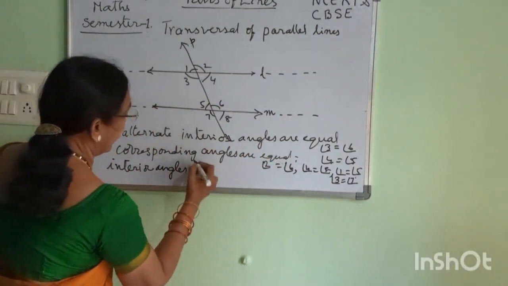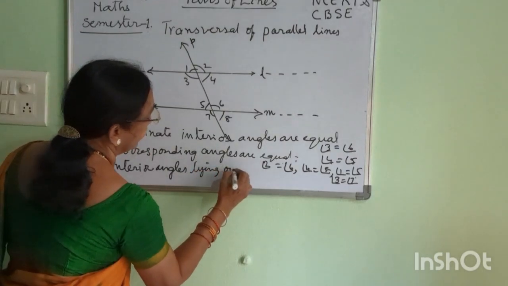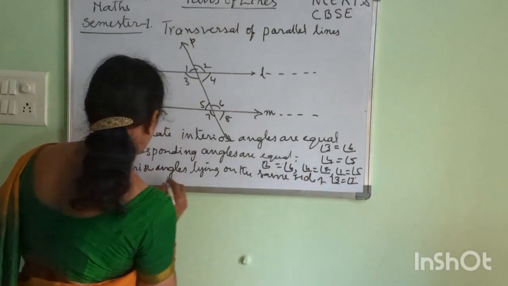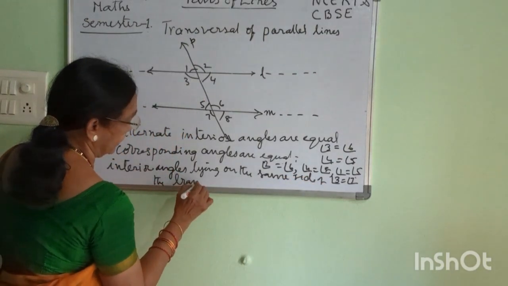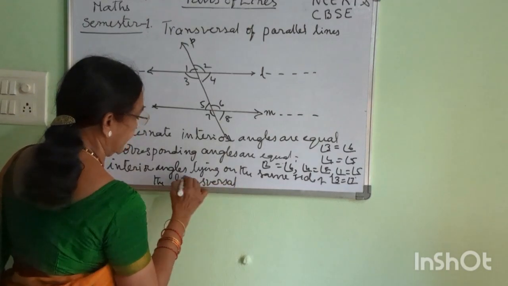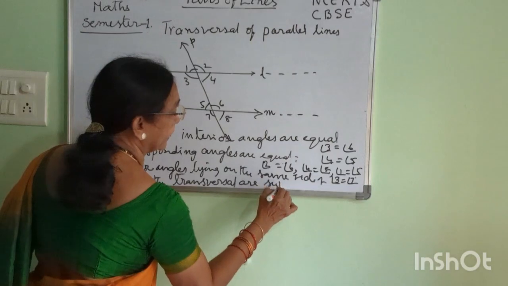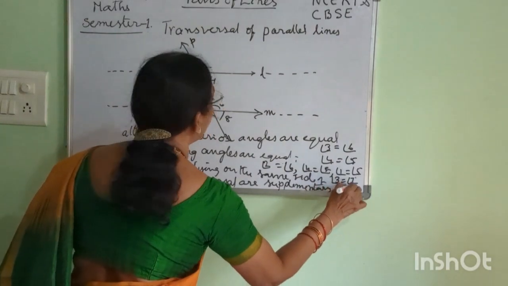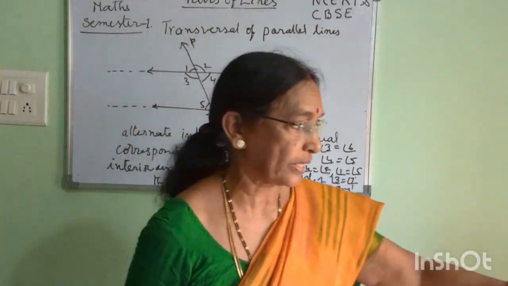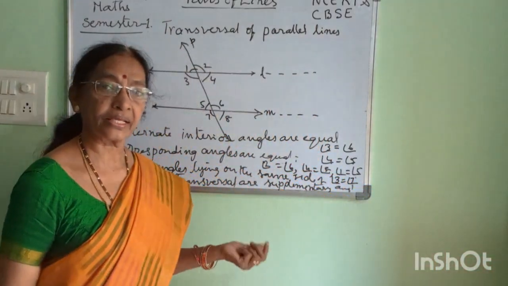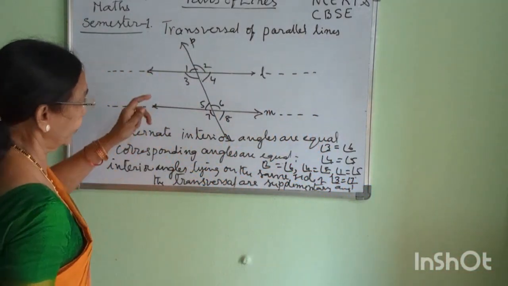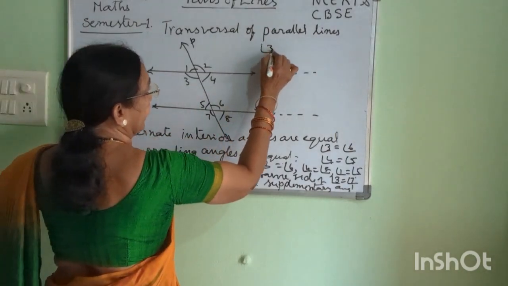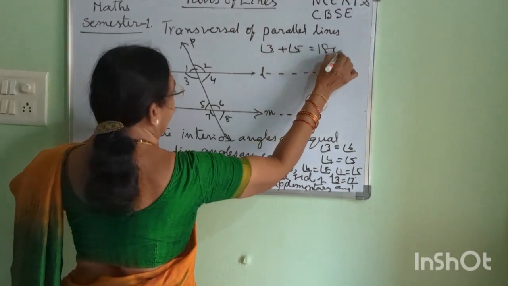The interior angles lying on the same side of the transversal are supplementary angles. Supplementary angles means the sum of the two angles is equal to 180 degrees. Therefore, angle 3 and angle 5 are supplementary. That means angle 3 plus angle 5 is equal to 180 degrees.